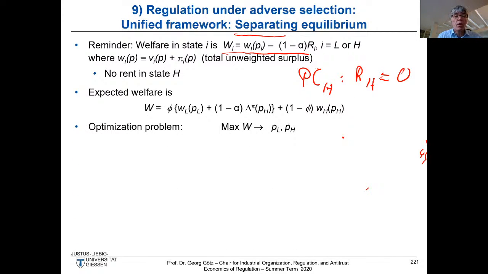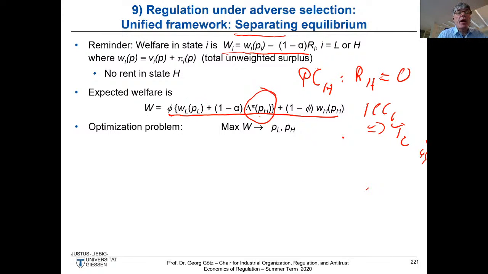Okay, but the point is here, now we have a very nice optimization problem where we just set our welfare function and got rid of anything related to TL and TH. We get TH from the participation constraint of the high type, and we get TL from the incentive compatibility constraint, okay?